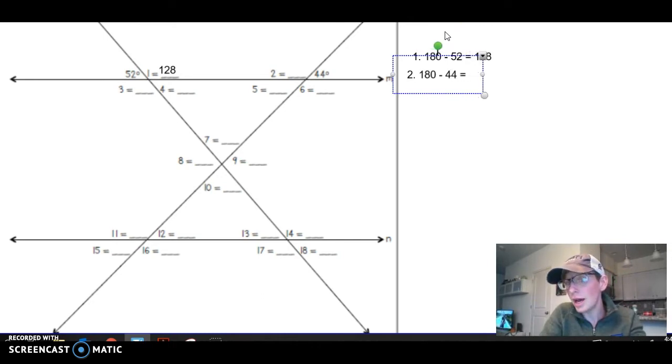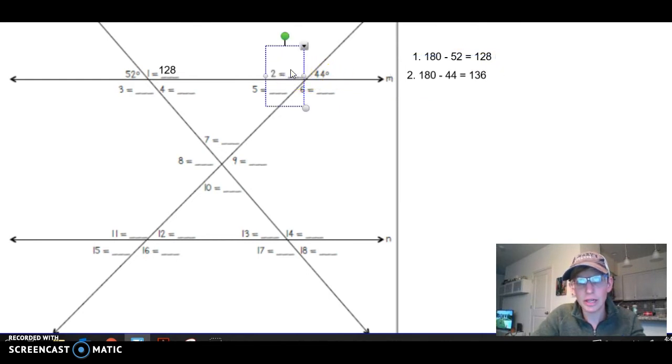If I do that, I get 136 degrees. And remember, I'm being bad and not writing the degrees, so just keep that in mind. So that's 136 degrees. Let's get that into the right place. Okay, now I've solved for 1 and 2 using this idea of supplementary angles.